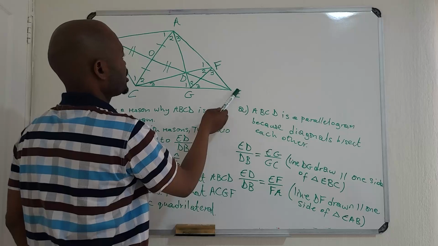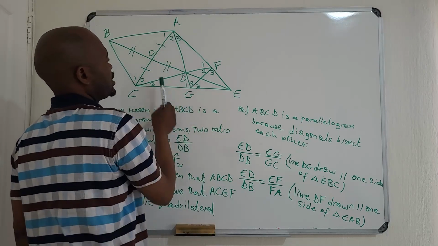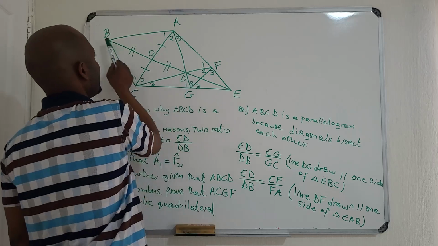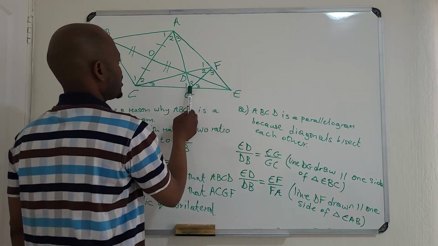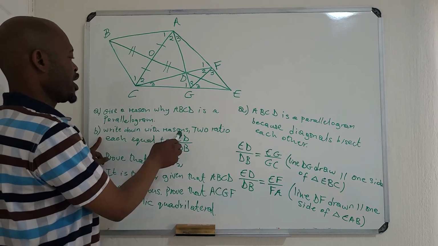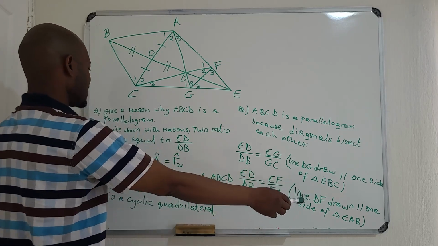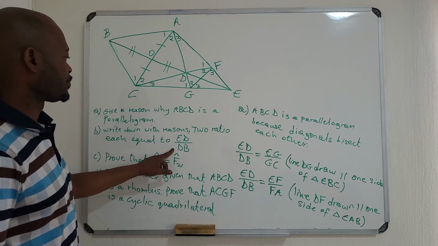Therefore this over that is equal to this over that. Also, this over that is equal to this over that. These are the two ratios with reasons which are equal to ED over BD.